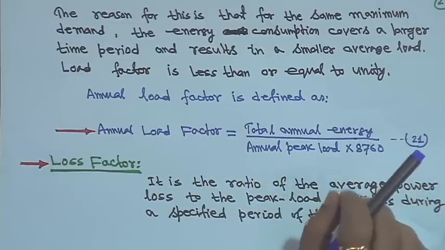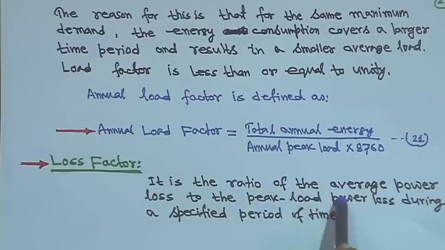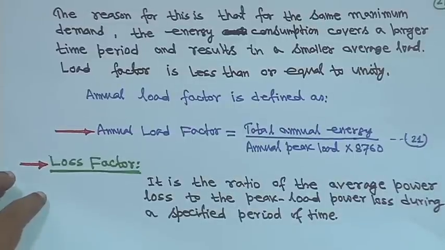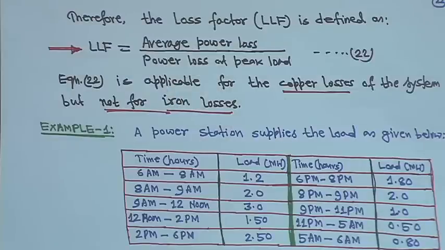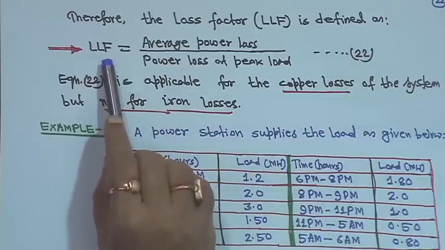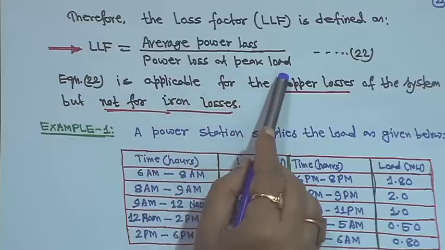Now, another terminology, the loss factor. The meaning is the same as load factor; only the thing is that it is the ratio of the average power loss to the peak load power loss during a specified period of time. This is called loss factor. We define loss factor LLF as average power loss divided by power loss at peak load.